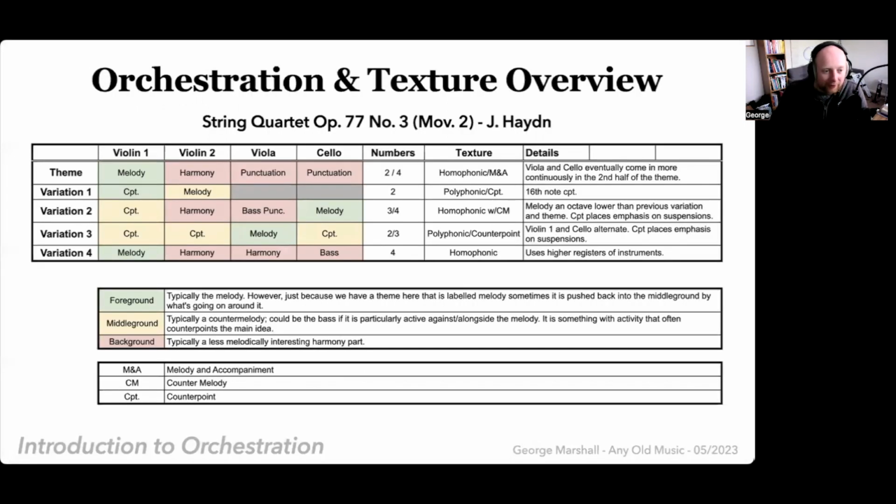To summarize our analysis in a more concise manner, I've created a table that highlights how Haydn utilizes his instruments to create variation. This table can serve as a practical tool for composers, arrangers, and orchestrators looking to guide their compositions effectively.